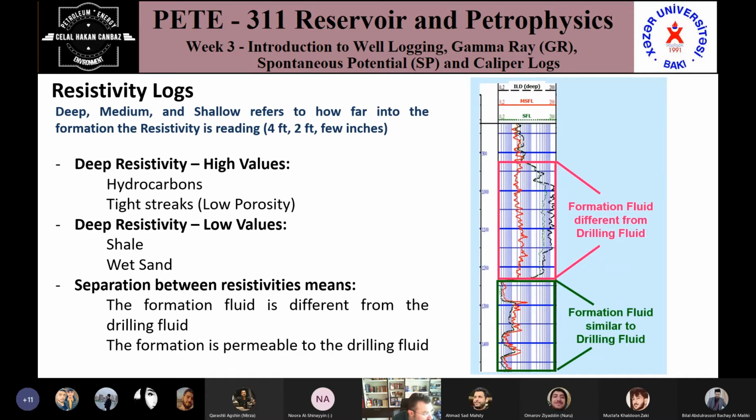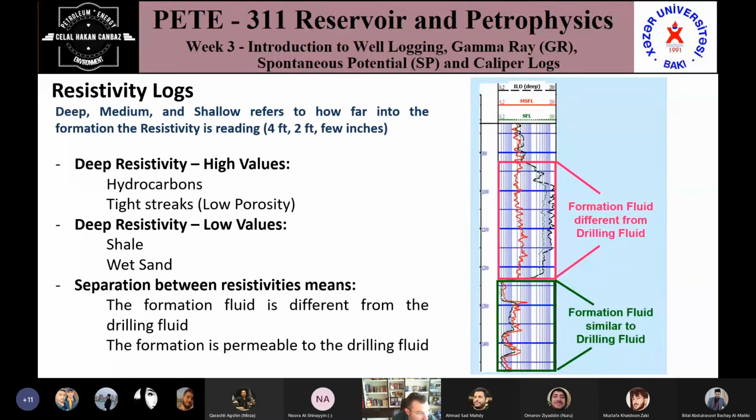So if I get low values in the deep resistivity, I understand that I have shale and wet sand. The separation between resistivities means the formation fluid is different from the drilling fluid. The formation is permeable to the drilling fluid.